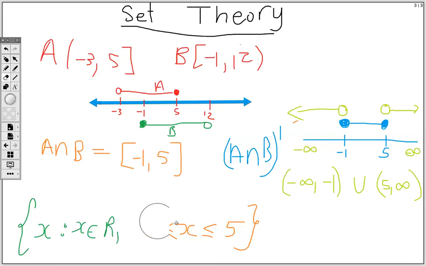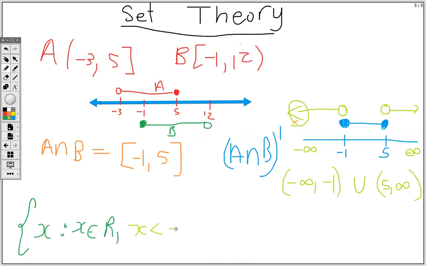Now, if I want to represent this as a set builder notation, then what I will write for this side, remember we look at the arrowhead that we have here. So it's going to be X, and we take the arrowhead just as it is, attach it on the right hand side.